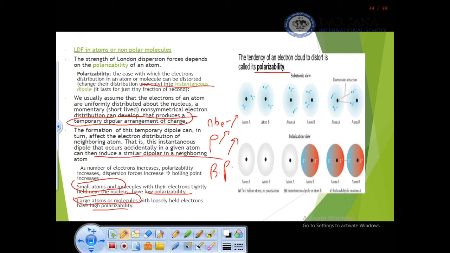To recap, when we have a small atom or molecule, we have low polarizability. When we have large atoms or molecules, we have high polarizability. When the number of electrons increases, the polarizability increases, and the boiling point also increases.